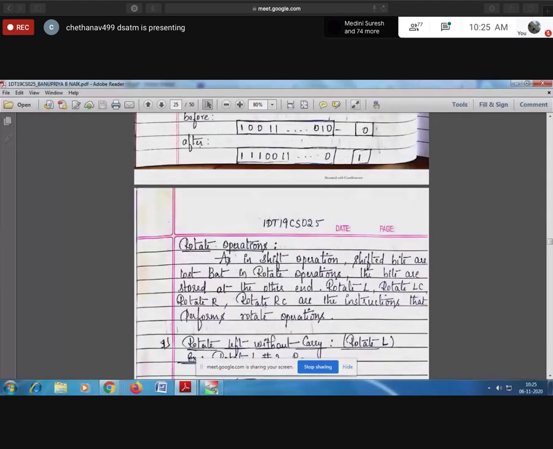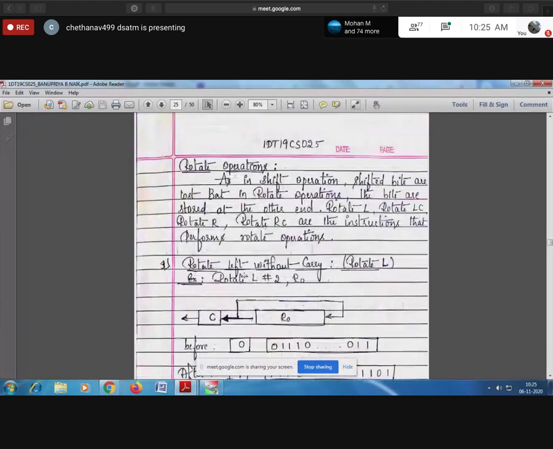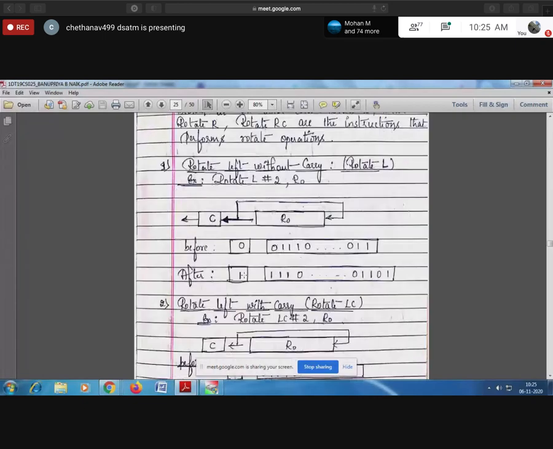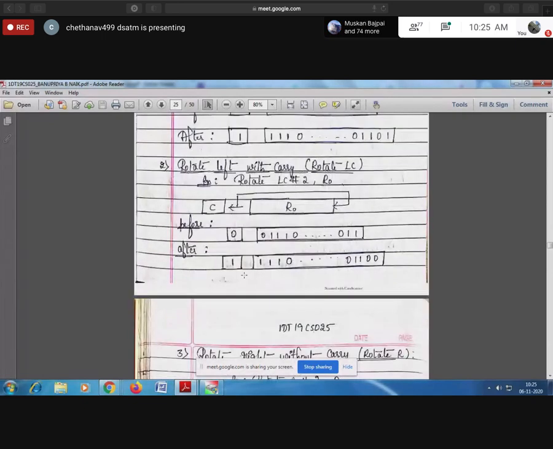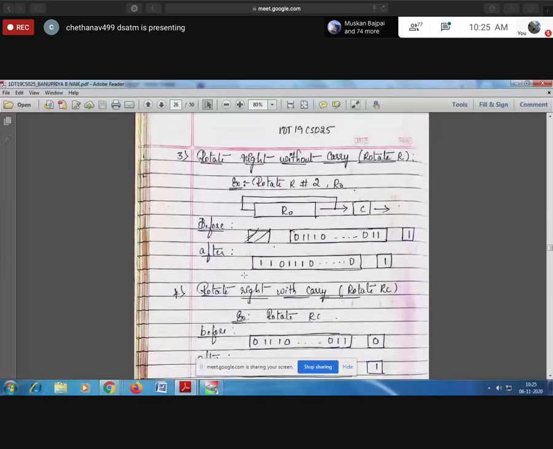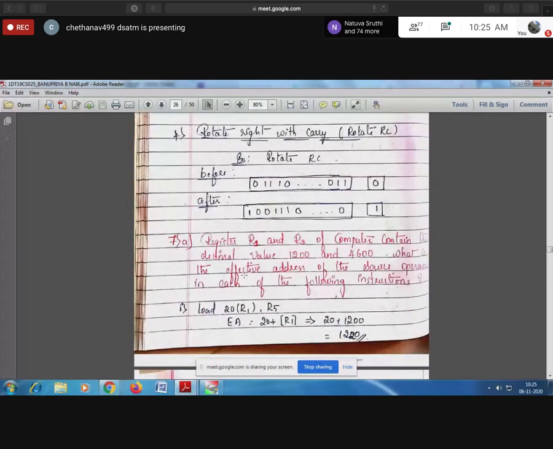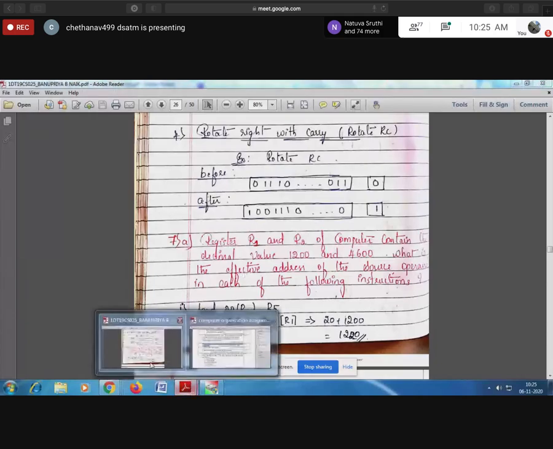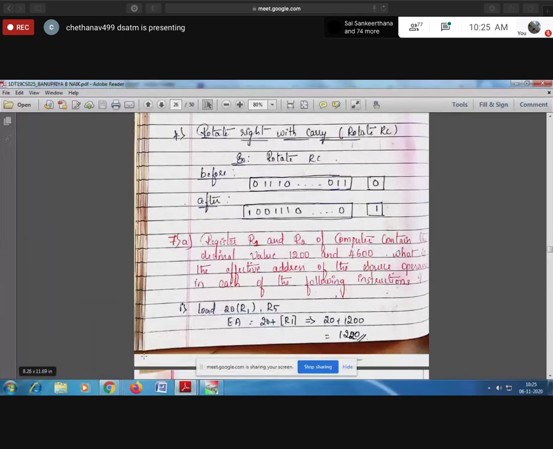Then rotate is there. Rotate with carry, without carry. Rotate left with carry, without carry. One example you can give, that's more than enough. Finally, logical shift to arithmetic shift, and when it comes to rotation, rotation with carry, without carry.